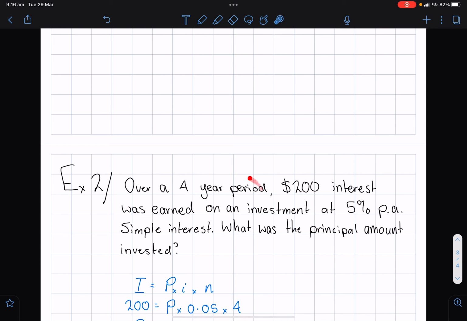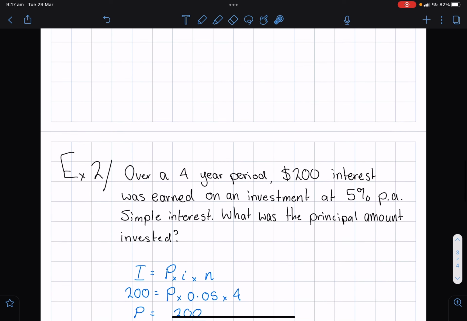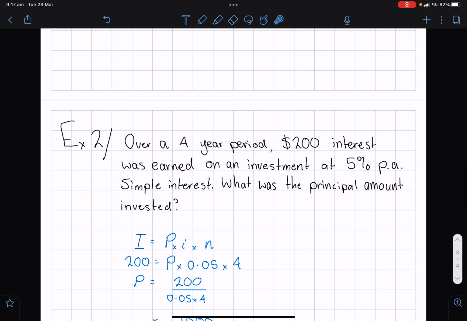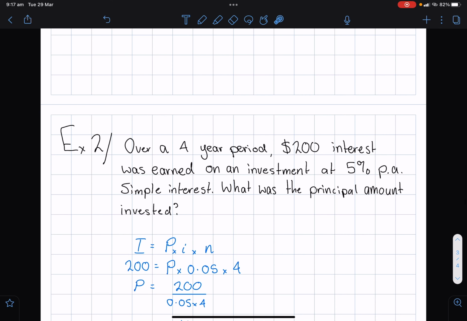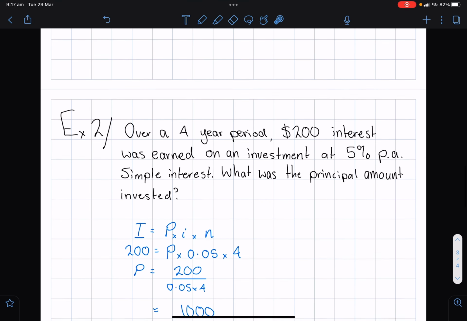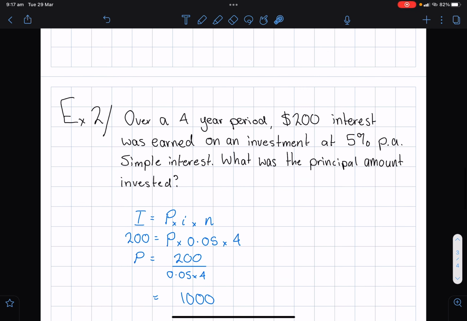And we're told the year period, so we substitute that in. Then we rearrange for our unknown, dividing both sides by the numbers on the right-hand side. So P equals 200 divided by 0.05 times 4. And all we do now is put that into the calculator, which is equal to 1,000.